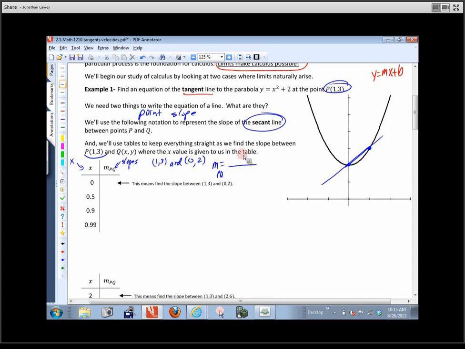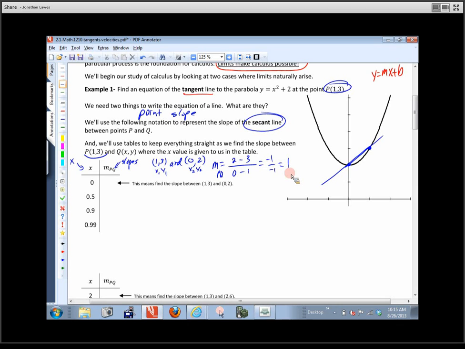We'll just do it this way. We'll do x2, y2 and x1, y1. So I'm going to have 2 minus 3, and 0 minus 1. That's going to give me -1 and -1, so my slope is 1.